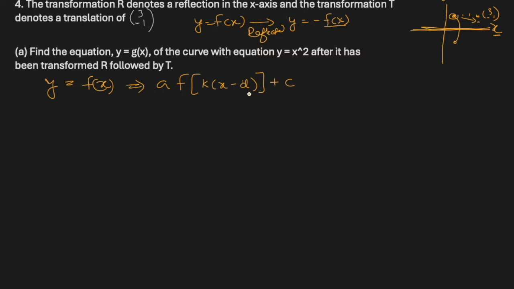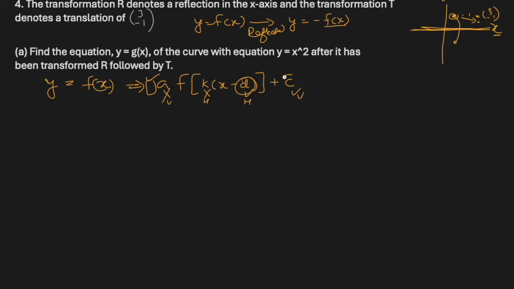This is how a function looks. What we have done with a reflection is, in front of a, it becomes negative. This is one transformation. They're saying there is no stretch, so we'll not include a. There is no stretch in the horizontal direction or vertical direction. This is vertical, this is horizontal. There is a horizontal translation and a vertical translation.